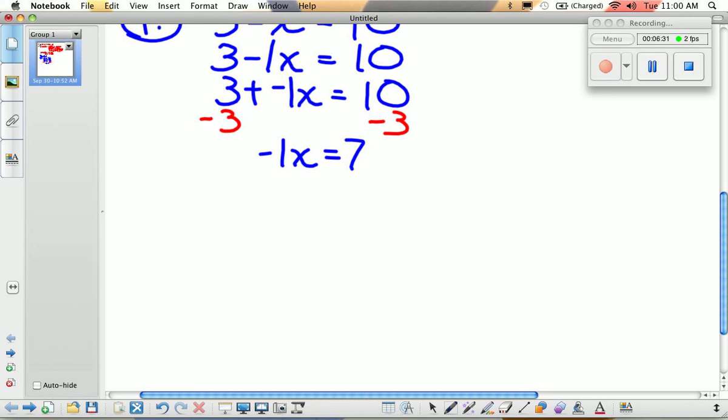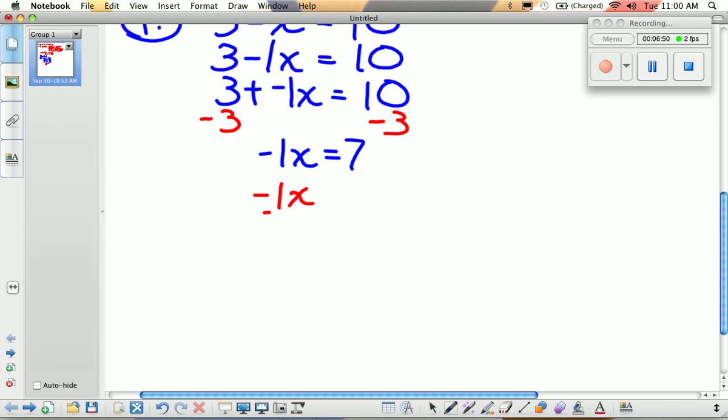Okay. So now we've undone the addition. Now what's the next operation we have to undo? Multiplication. We have to undo it with division. So we're going to divide by what? Negative 1.